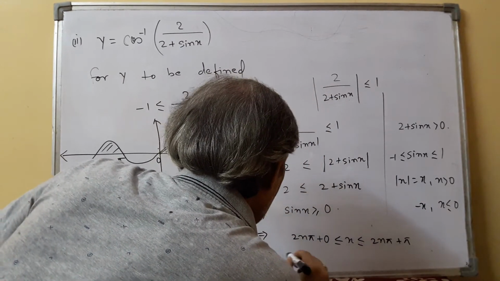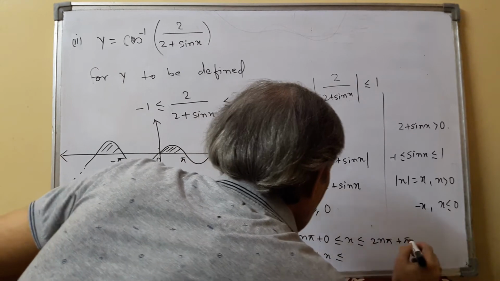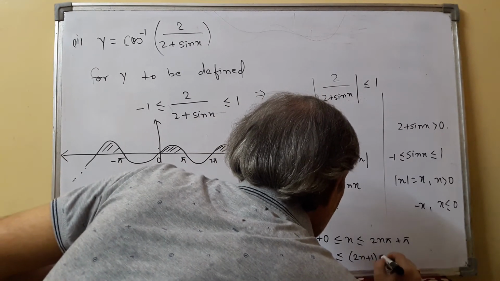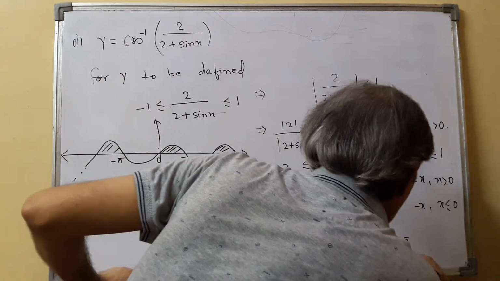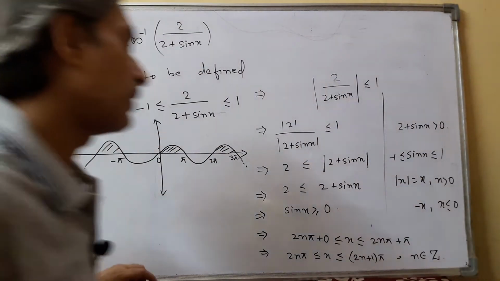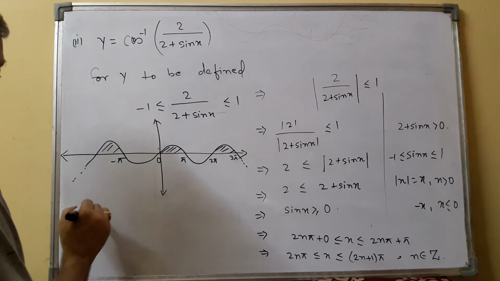So finally it will reduce to 2n pi. Here pi can be taken as common, so 2n plus 1 pi, where n belongs to Z. Z is the set of integers.